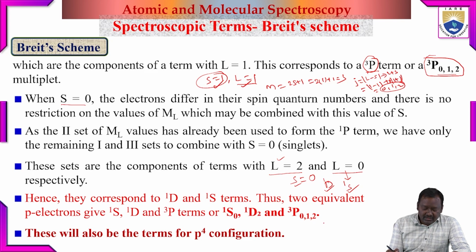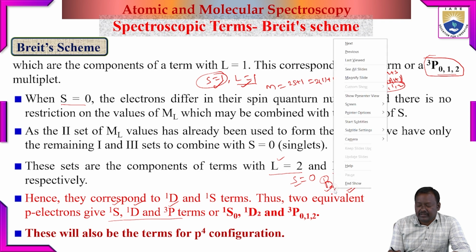So now corresponding to those three sets, we are obtaining the spectral terms 1S, 1D and 3P. And we can find the j values also. For this 1D, multiplicity 1 means S equal to 0, and L value is 2.